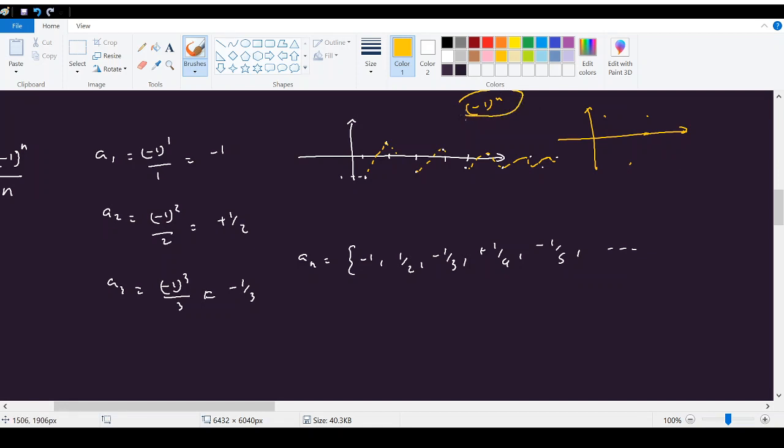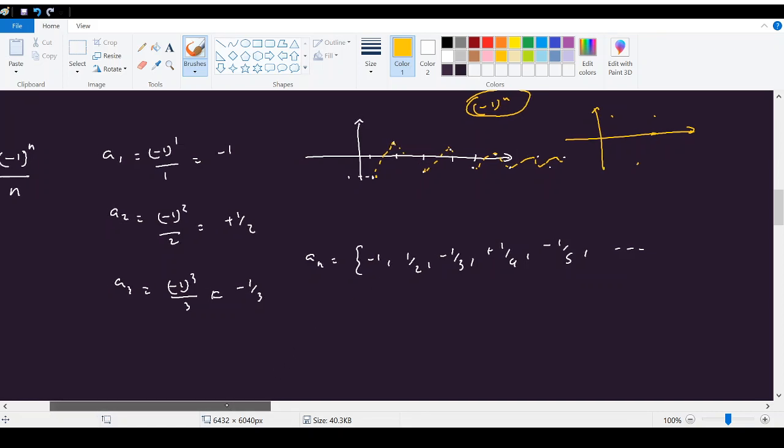But in this sequence, we have a sequence that oscillates between negatives and positives, but the distance will be slowly reduced, and then eventually it will reach a certain value, which is the limit point.